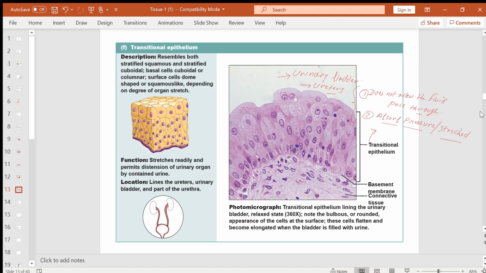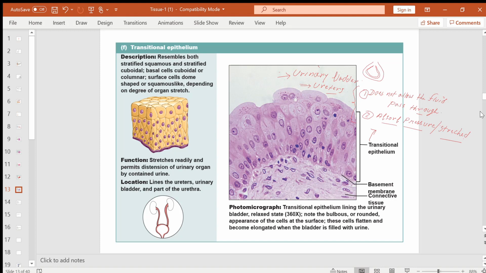And since the epithelial lining is transitional, that urine or fluid cannot pass through the transitional epithelium and cannot get back into the body when it is present inside the urinary bladder or ureter.